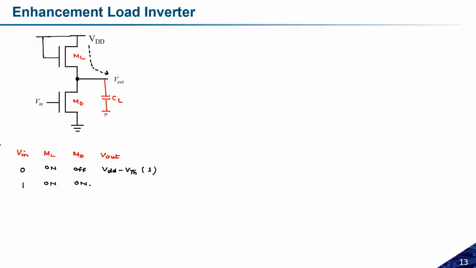Based on the strength, based on the size of the transistor, either ML or MD, the output logic will be decided. Here the output voltage can be 0, but this is a function of MD and ML. This is the function of MD and ML.